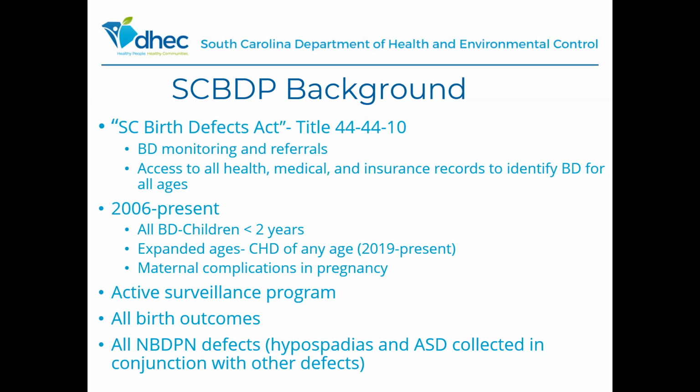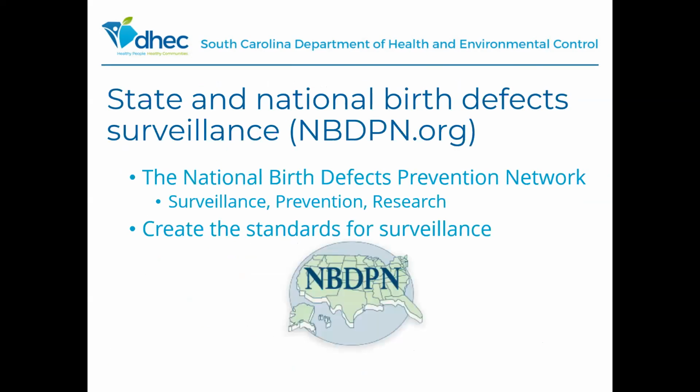We are an active surveillance program, meaning that we look in medical records and we look at all birth outcomes. So whether the baby was live-born, or the mom had a stillbirth or termination, we look to find out more about the birth defect. And we follow the National Birth Defects Prevention Network's guidelines, which is the organization that I also represent.